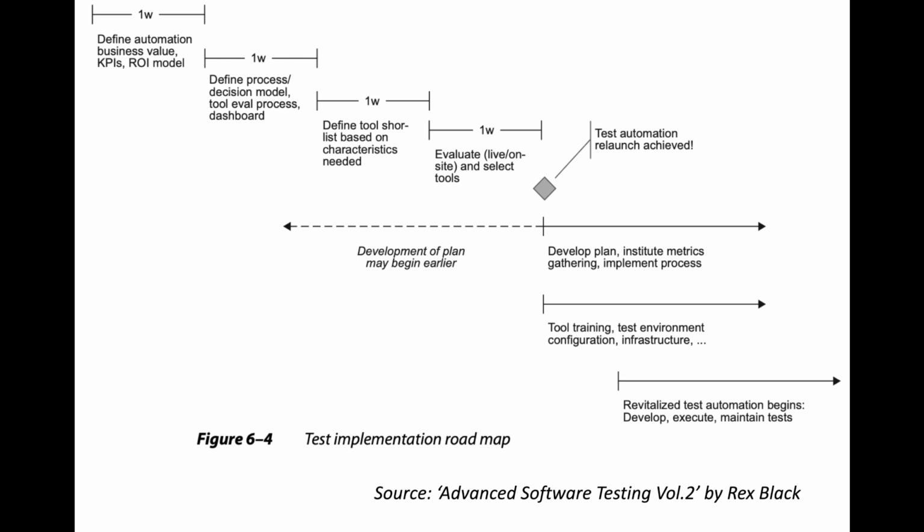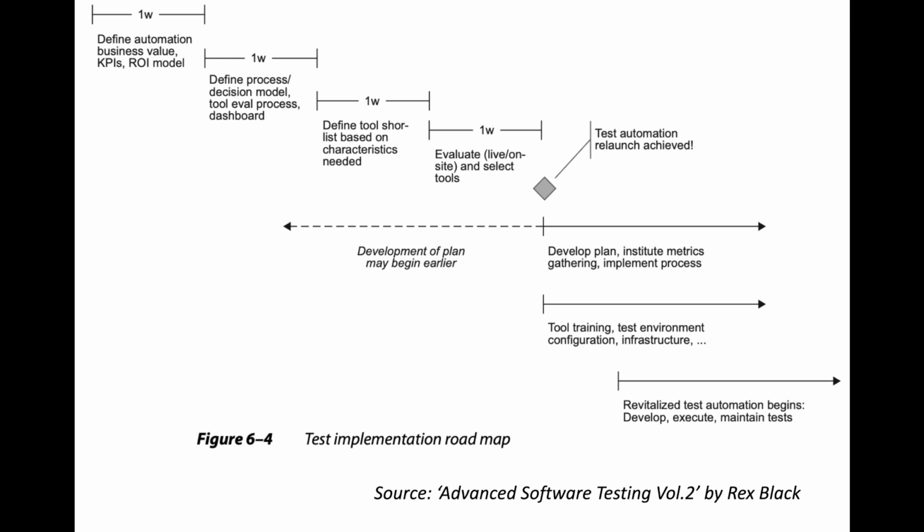Secondly, you've got to define the process and decision model to evaluate some tools. Maybe some of those steps will not be done by you, but were done previously by someone, some test manager. That's why they made the decision to start implementing test automation.